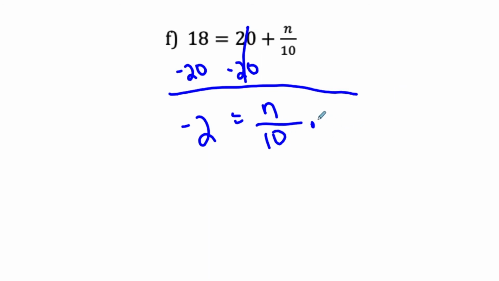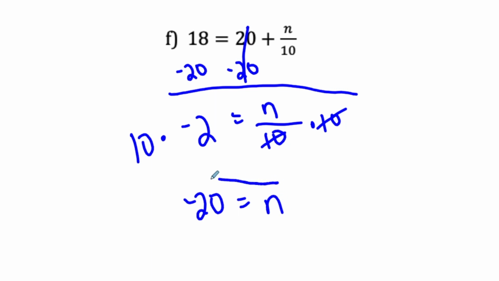So we are going to multiply both sides by 10. 10 times negative 2 is negative 20. Over here, the 10 and the 10 cancel, and we are left with n. So there is our final answer for example F.